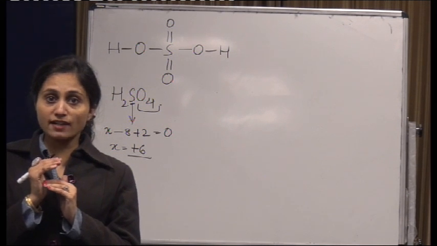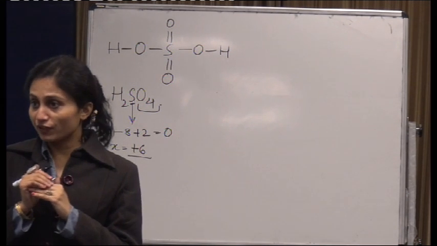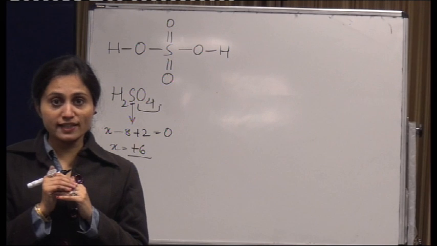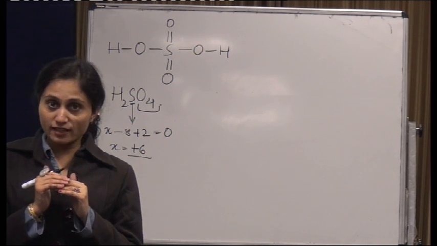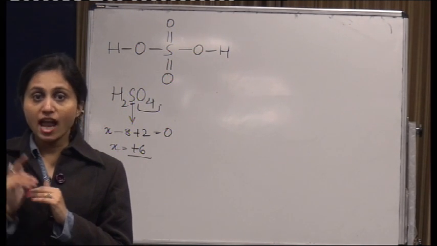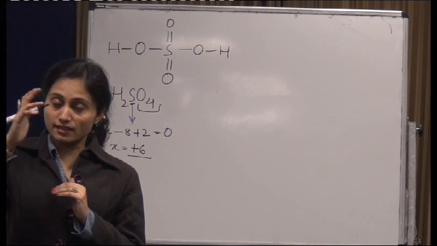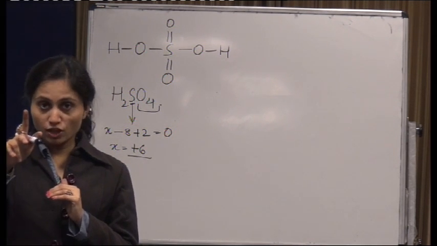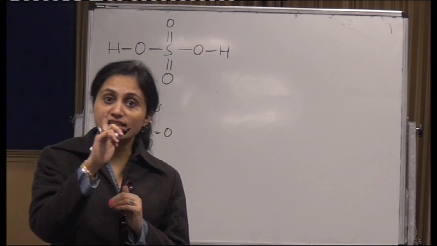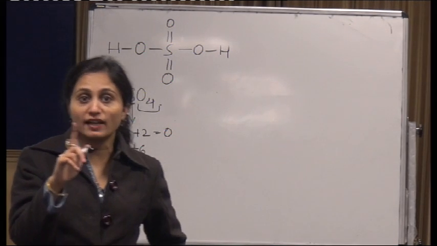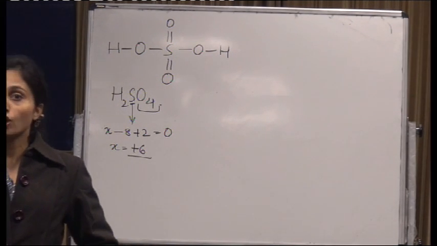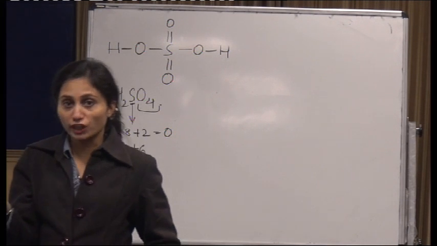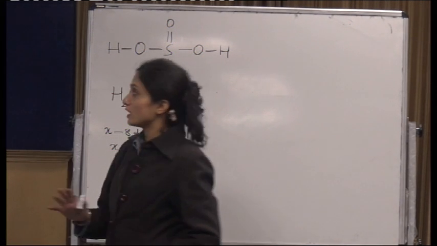You had the sigma getting filled first for NO: sigma 2pz2, pi 2px2, pi 2py2, and pi star 2px1. So now here you have only a single electron left unpaired in the anti-bonding molecular orbital, which makes it an odd electron molecule and paramagnetic in nature also.